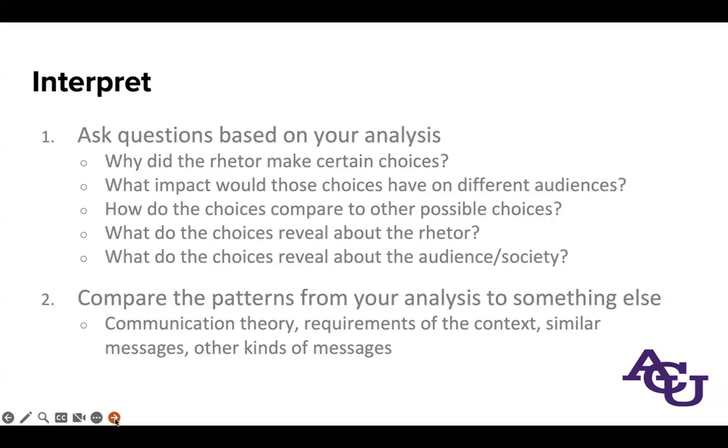So, how do the choices they've made compare in your mind to other choices you're thinking about? What do the choices reveal about the rhetor? What's in the background maybe that you can't see, that he or she may not want you to see? What do the choices reveal? And what do the choices reveal about the audience and society?